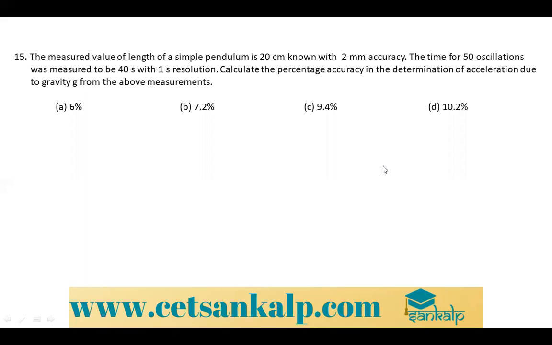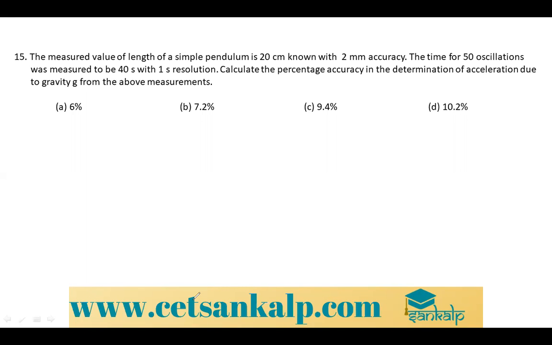Okay, the next problem given here: the measured value of the length of a simple pendulum is 20 centimeter, known with 2 mm accuracy. The time for 50 oscillations was measured to be 40 seconds with 1 second resolution. Calculate the percentage error in the determination of acceleration due to gravity from the above measurement.